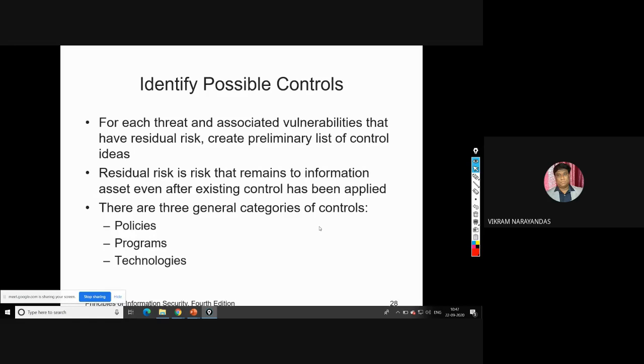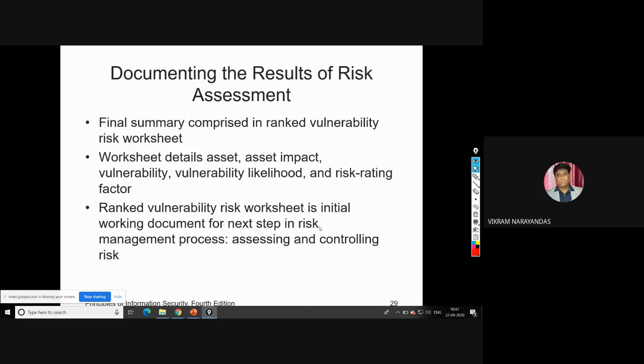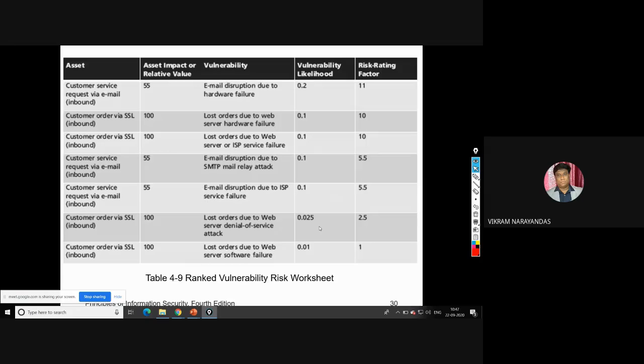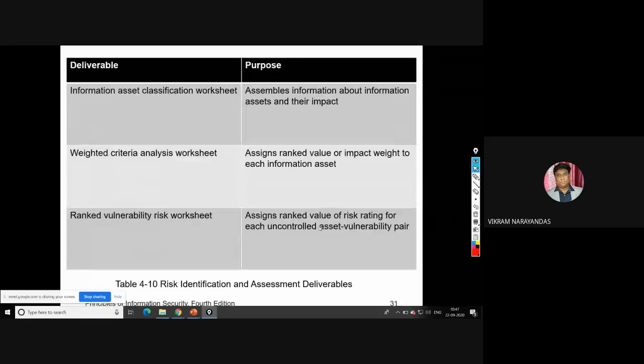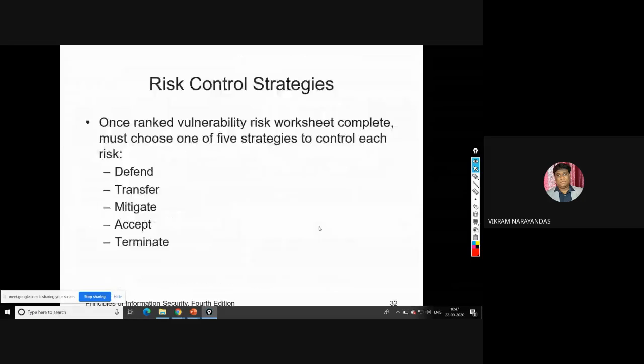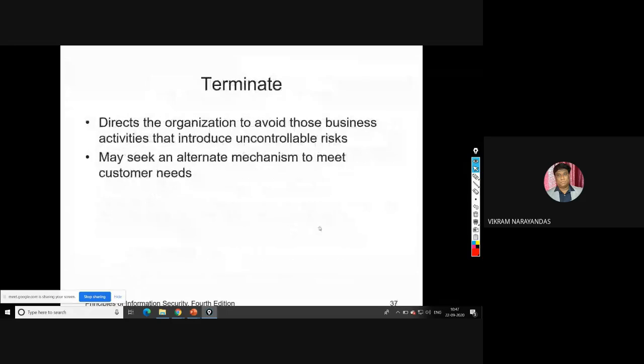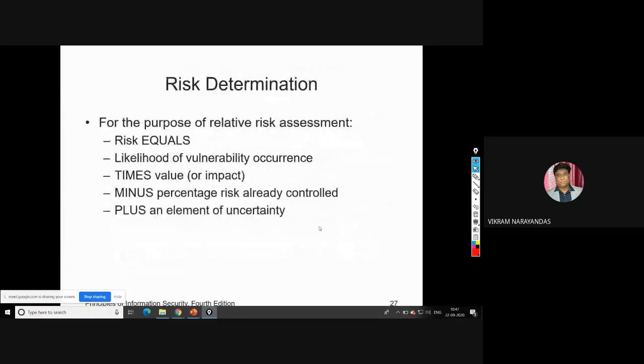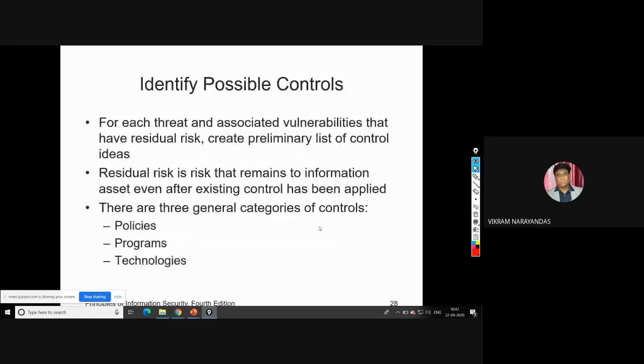There are four types of policies. First, the general security policy. Next, the program security policy. Third, the issue specific security policy. And the last one is the system specific security policy.